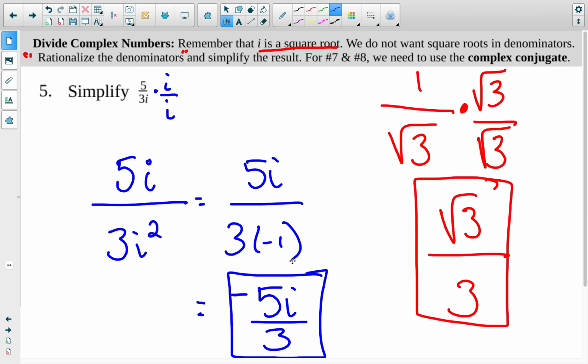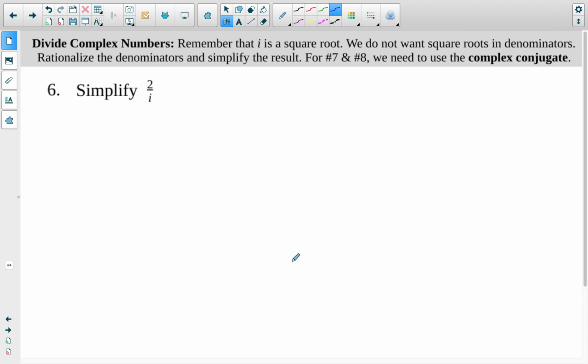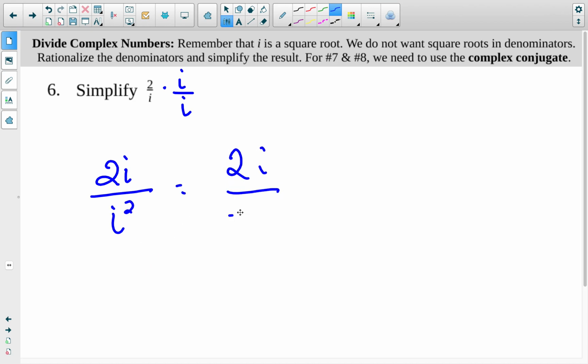That's all we got to do, multiply by i over i. Try this one. We're going to multiply by i over i, which gives us 2i over i squared, which is really 2i over negative 1, which is really just negative 2i.